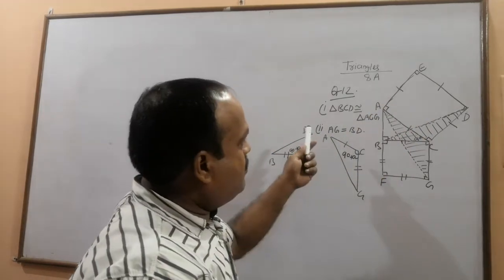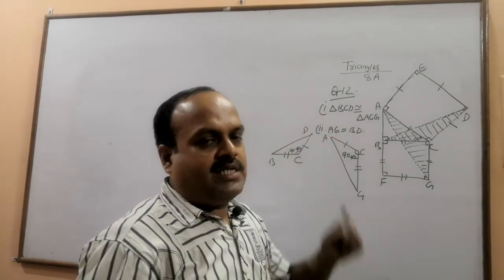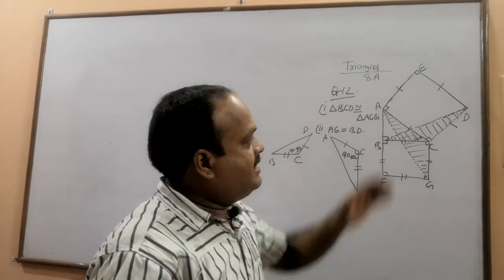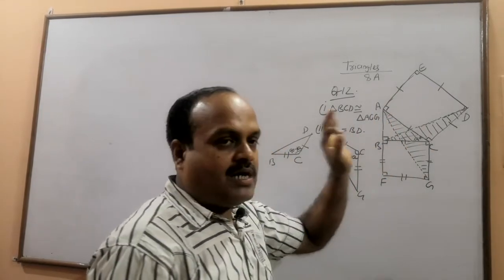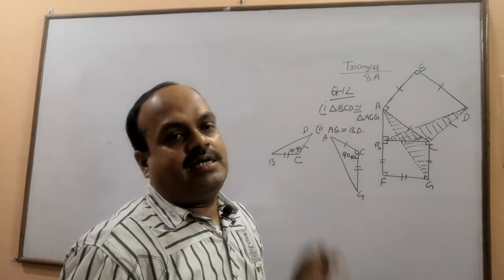Okay. So before proving the congruency, we will first write that the sides of this square are equal, the sides of this square are equal, and each angle is 90 degree.